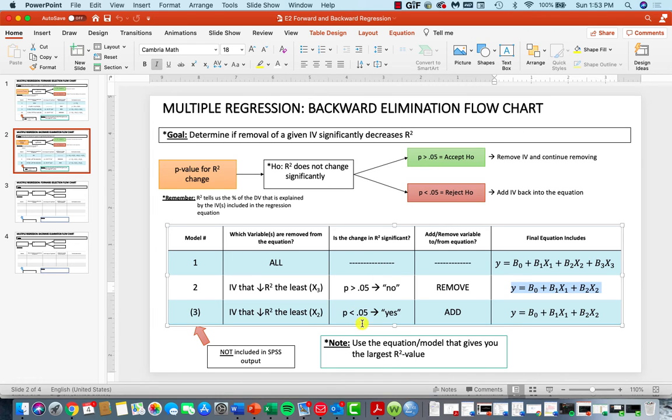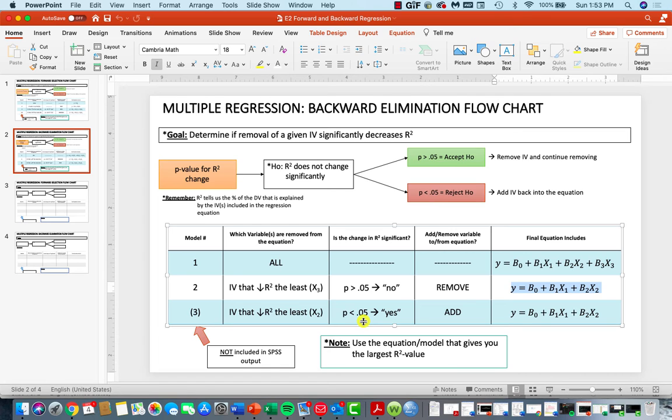In this case, though, let's say that the p is less than 0.05. So that's saying R squared changed significantly by removing variable 2. That's bad, because we now have decreased R squared significantly. And remember, our goal in a regression is to keep R squared as high as possible.